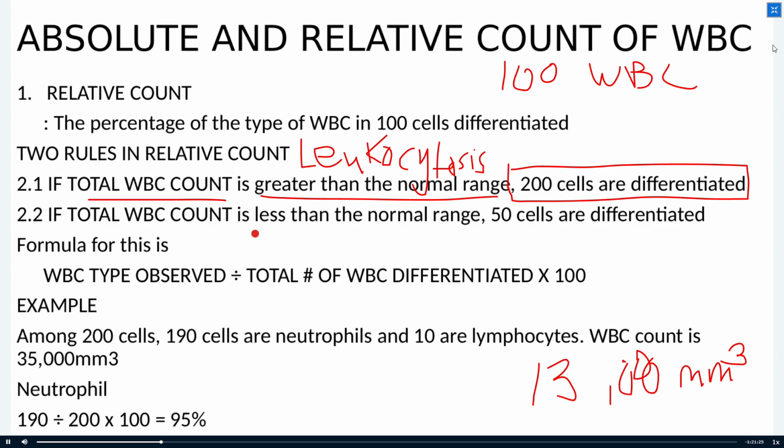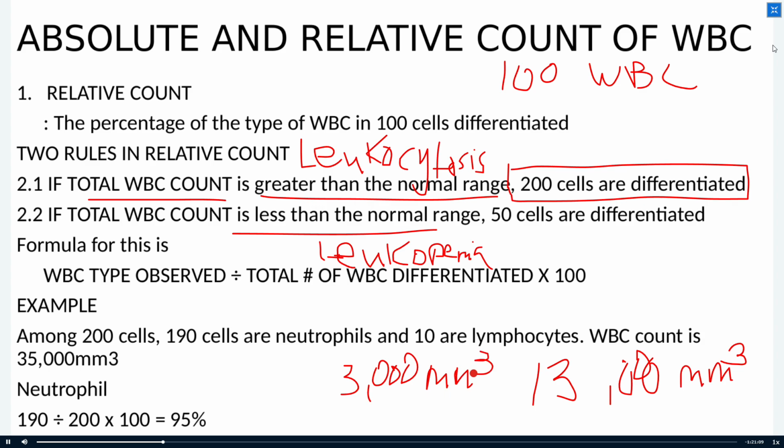Kapag naman less than normal, may leukopenia. Let's say 3,000 cubic mm lang yung WBC count. You are going to count 50 cells only.